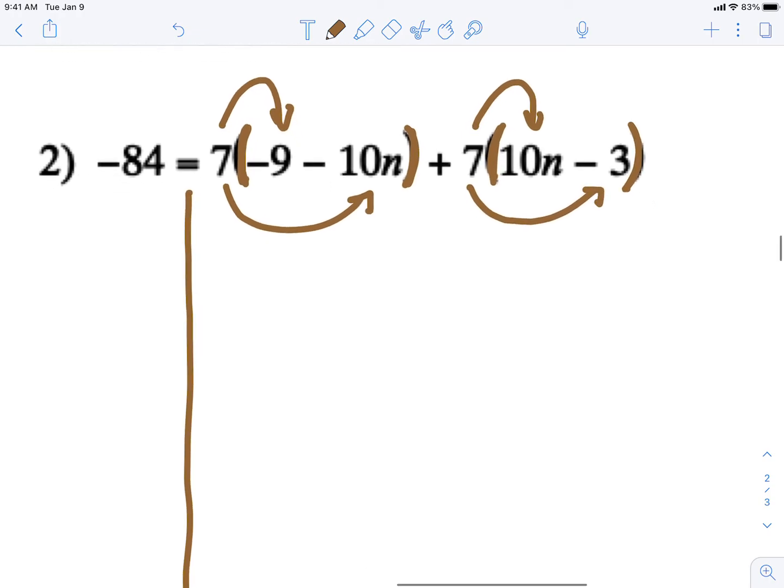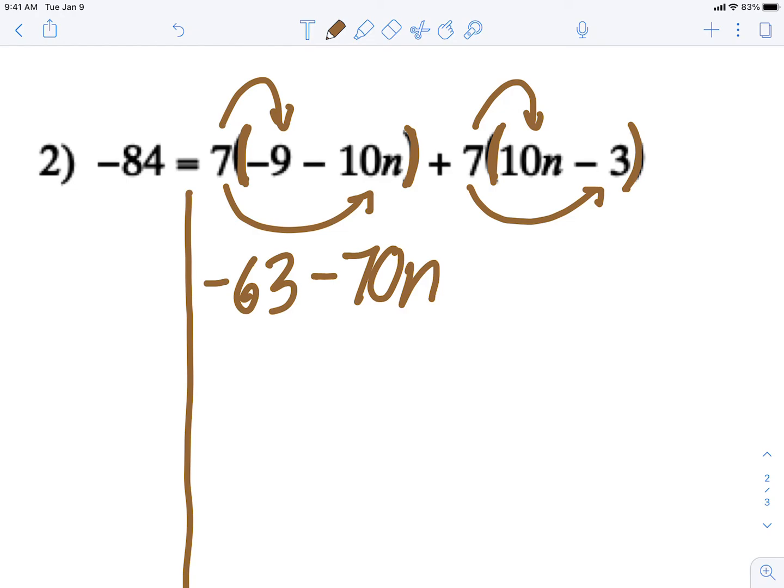So let's do this one first. 7 times negative 9 is negative 63. A positive times a negative, right? Now the bottom, 7 times negative 10 is a negative. 7 times 10 is 70n, right? A positive times a negative.